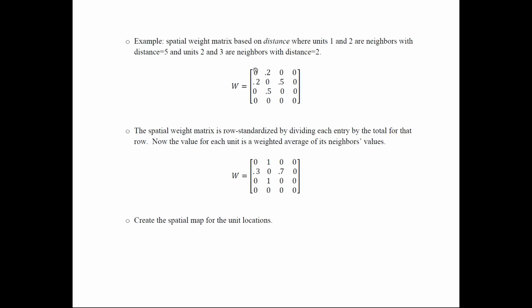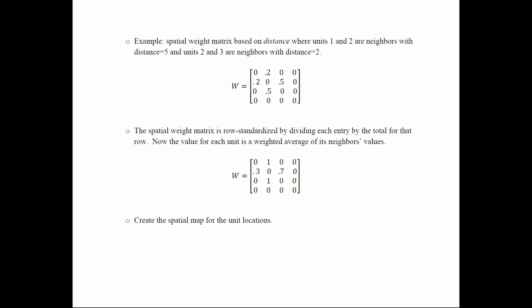And same thing, unit 2 and 1 are neighbors with distance 5, therefore this is a 0.2. And then we have unit 2 and 3 are neighbors, and 3 and 2 are neighbors. So these two values would be equal to 1 divided by the distance of 2, or would be equal to 0.5. Okay, so this is how the spatial weight matrix looks like.